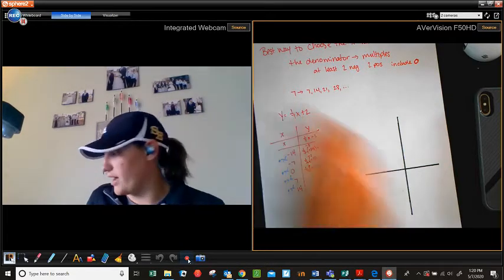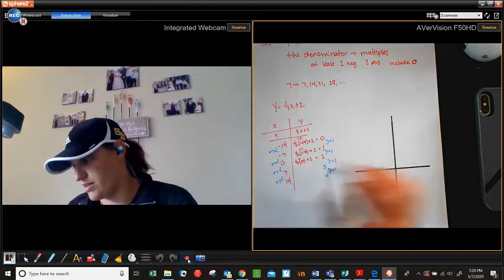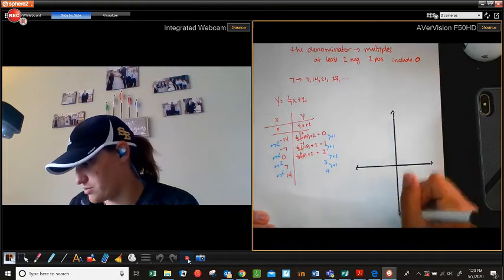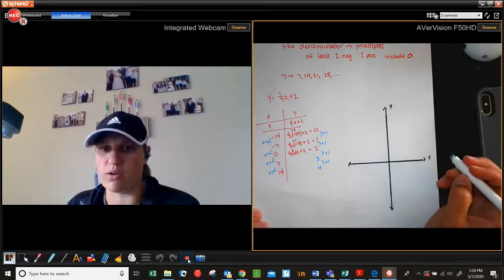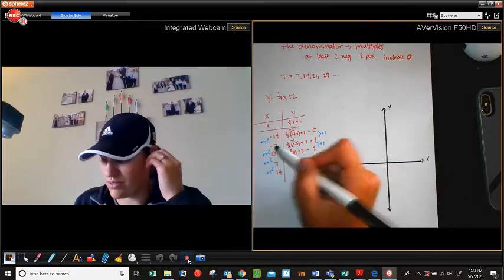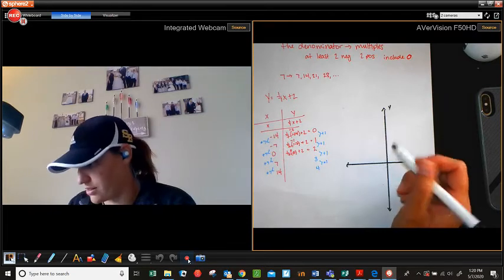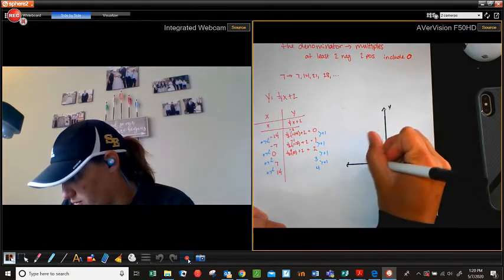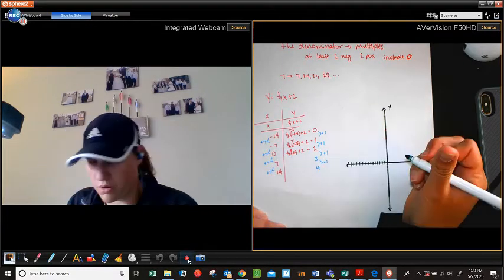So when I go to make my tick marks on my graph, I don't know why I made the y-axis so big. I really should have made the x-axis bigger. But it's alright. We'll work with it. I want a lot of tick marks on my x-axis because I have to go all the way to negative 14 and positive 14. So 1, 2, 3, 4, 5, 6, 7, 8, 9, 10, 11, 12, 13, 14. Whew.